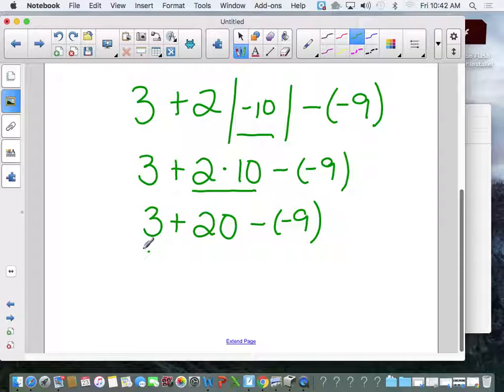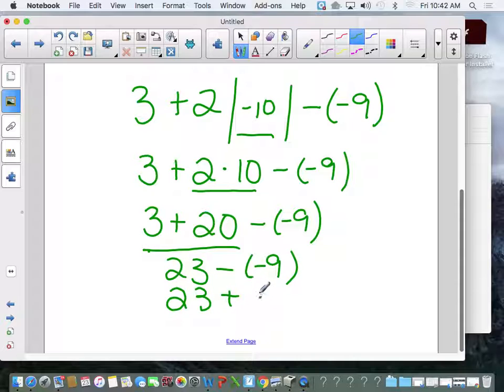I am going to go from left to right when I'm adding and subtracting. So here I have 3 plus 20 is 23 minus a negative 9. And I need to take the first number and add the opposite of a negative 9, which is a positive 9. And I get 32.